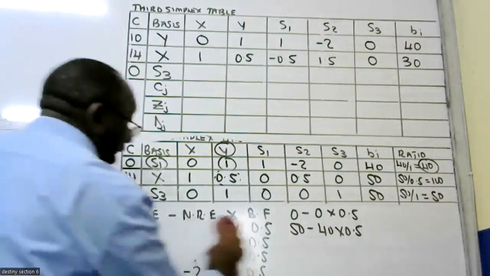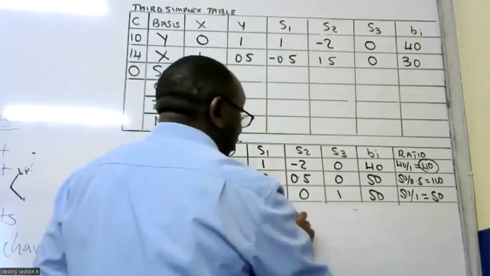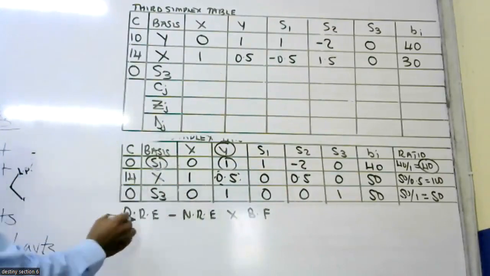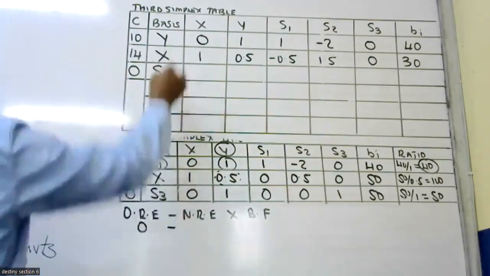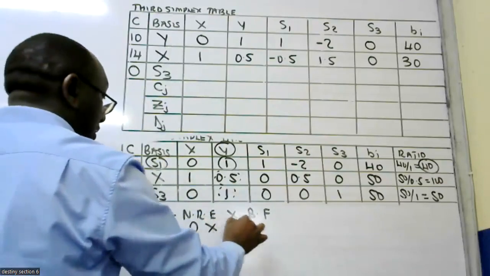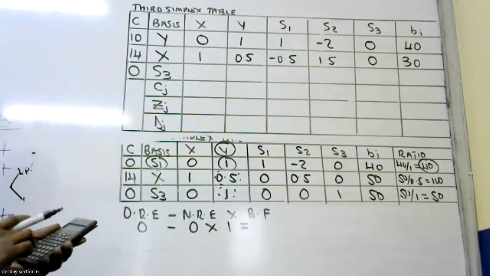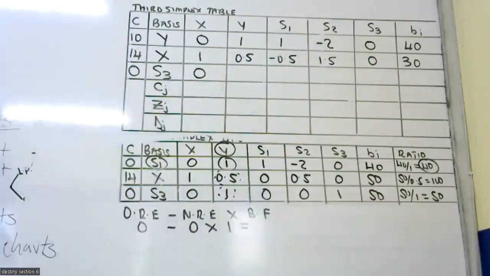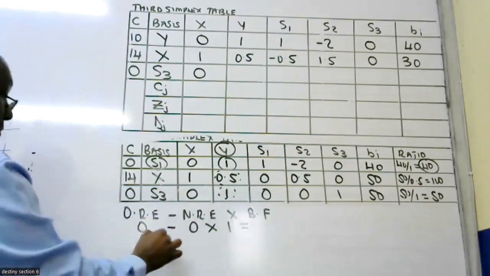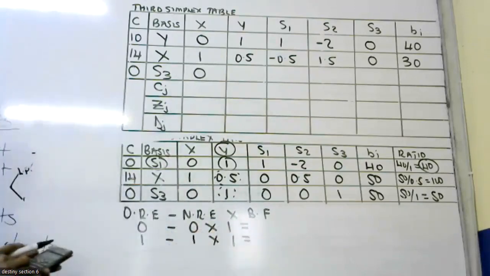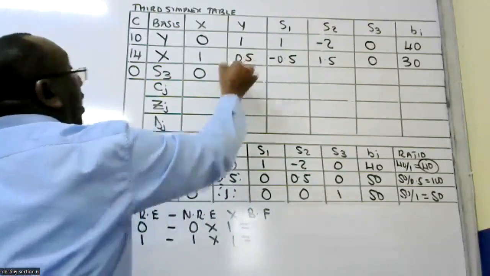Aya, tuende kwa the next. The next here, sasa tuko kwa huyu. So the old is 0, the new is still 0, and the balancing figure now is this one. So 0 minus 0 times 1 is 0. Kuja hapa tuseme 1 minus 1 times 1 is 0.